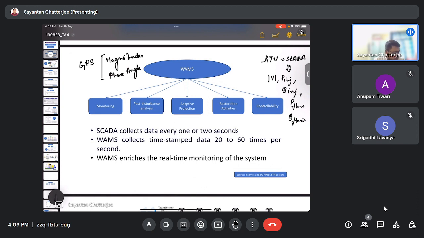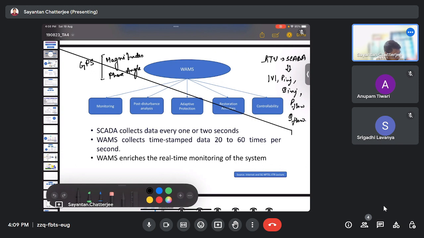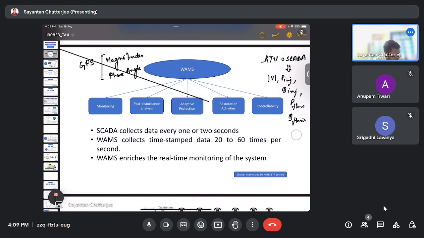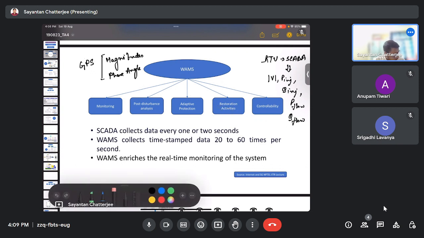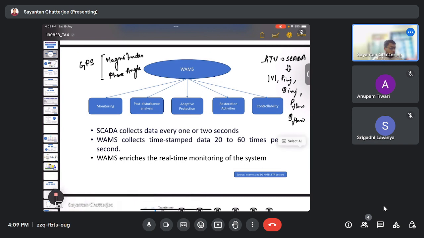So this measurement was restricted to the magnitude portion, and also the current flow magnitudes.